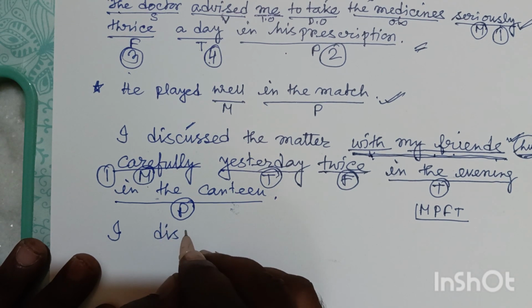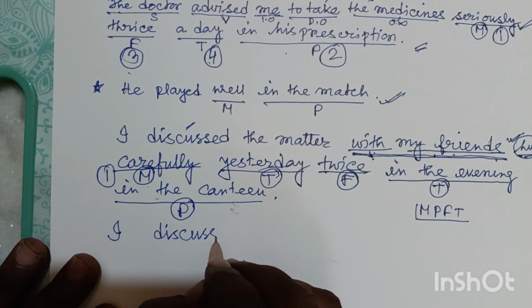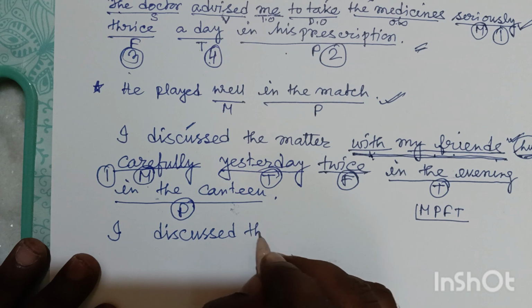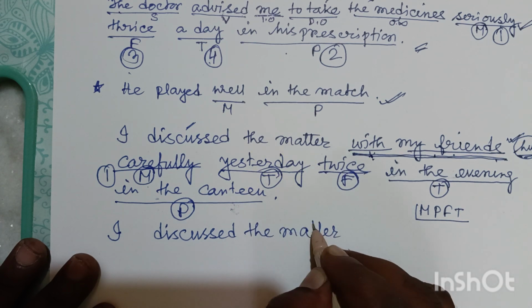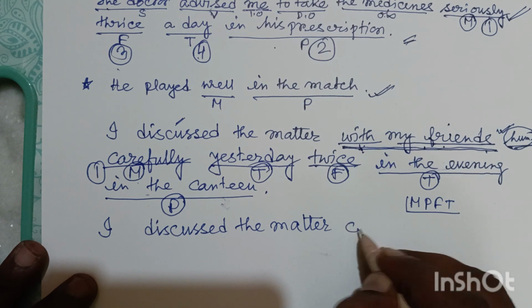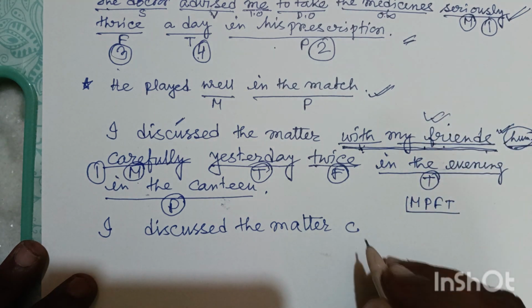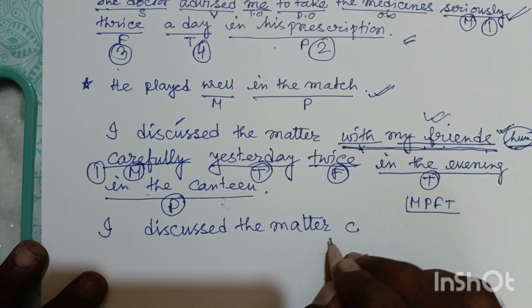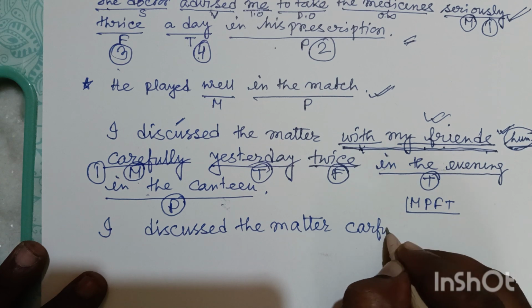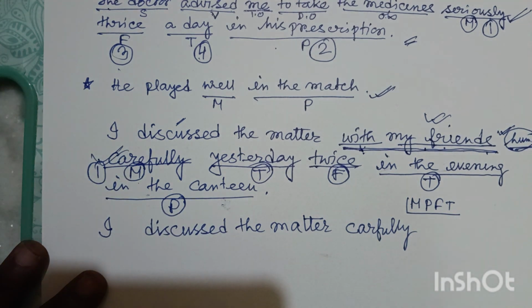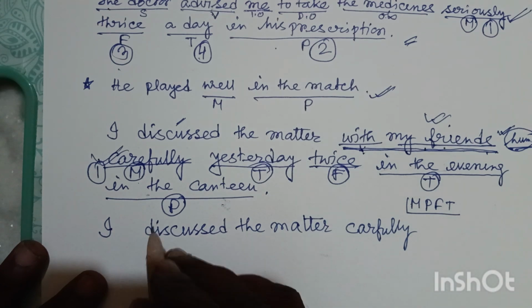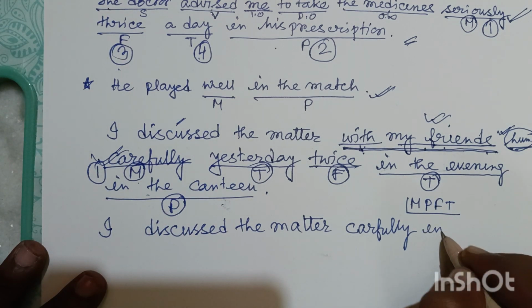discussed the matter carefully. Friends, I am leaving this. I am telling you something. I discussed the matter carefully. So manner is done, carefully. Then place, in the canteen.